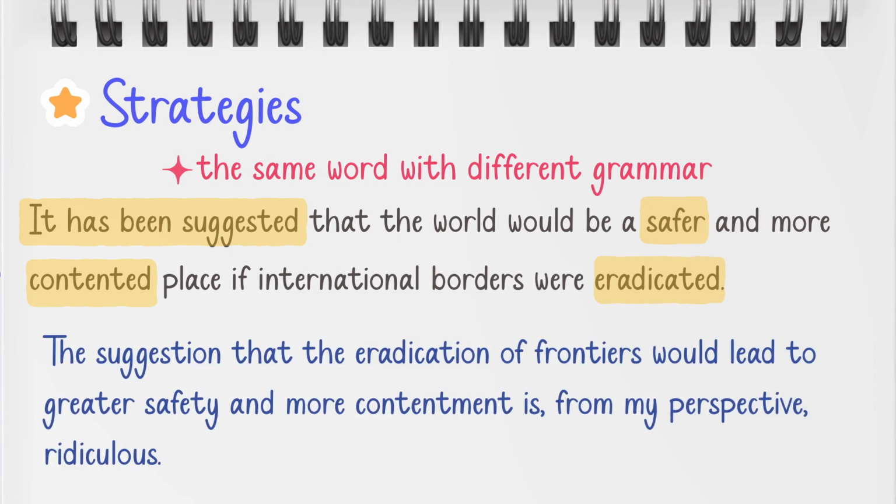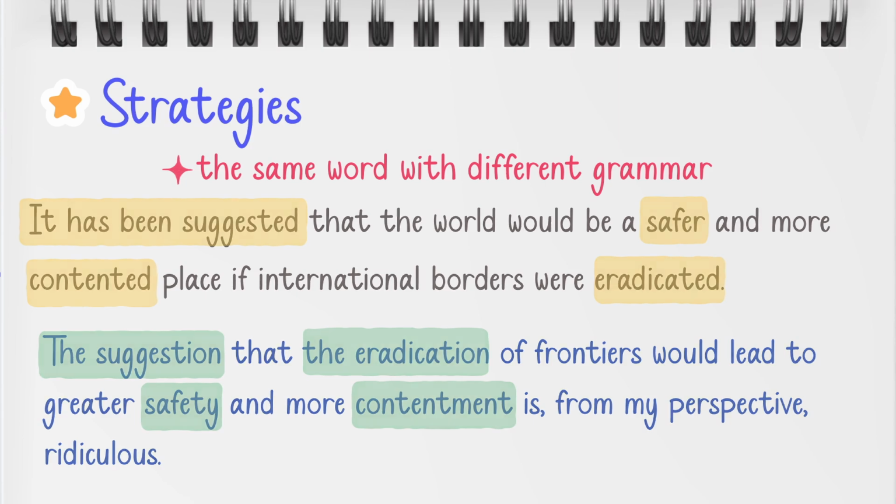The suggestion that the eradication, so instead of eradicate as a verb, I'm using a noun here, that the eradication of frontiers would lead to greater safety. Instead of safer, I'm using safety, noun. And more contentment is, from my perspective, ridiculous. So instead of contented as an adjective, I'm using contentment as a noun.